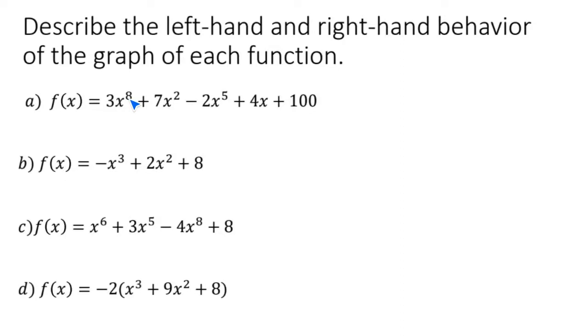So since it's an even number, I know that it's either going to be pointing up or pointing down on left and right. To determine that, I have to look at the leading coefficient. The leading coefficient of this degree 8 polynomial is 3, and 3 is a positive number. So hence, the left-hand and right-hand behavior of this function is going to be going up on the left and going up on the right. On both sides, it's going up.